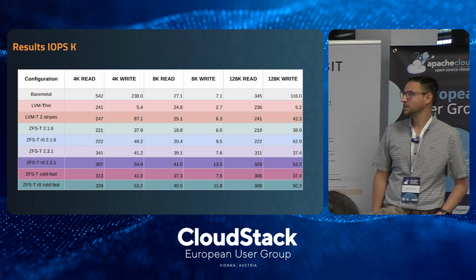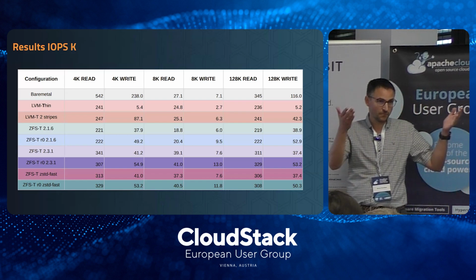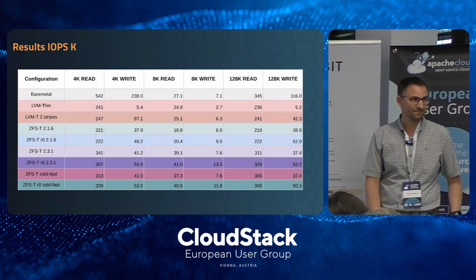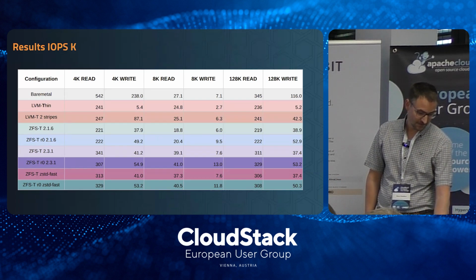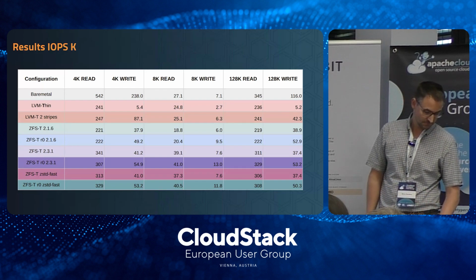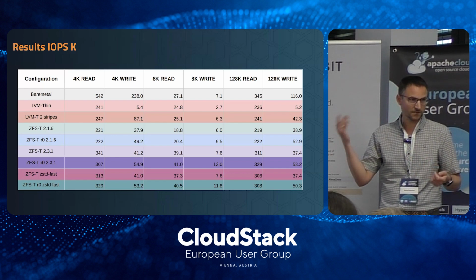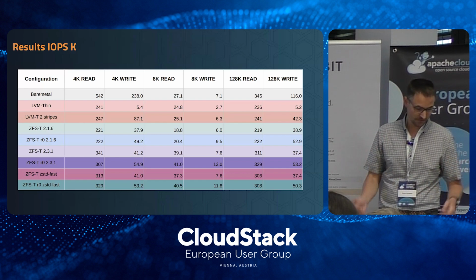I can't really explain it. Maybe someone here has an idea. I reran the test because I also couldn't believe it, because it was really bad compared to the others. And as soon as you have a two-stripe, it was faster than ZFS. So it's very weird.